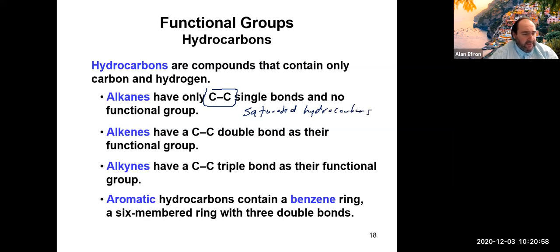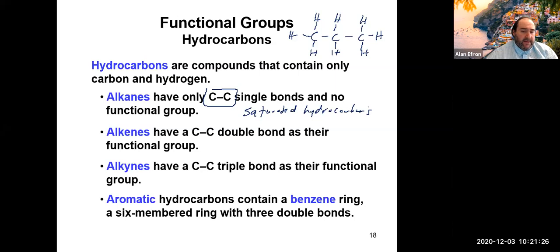Saturated hydrocarbons basically means that you have all carbon-carbon single bonds. The carbons have the maximum number of hydrogens that should be there. So if you have just this simple guy here, this would be a saturated hydrocarbon. Again, they're all carbon-carbon single bonds, so this would also be an alkane. Basically, each of these carbons has the maximum number of hydrogens available to them.